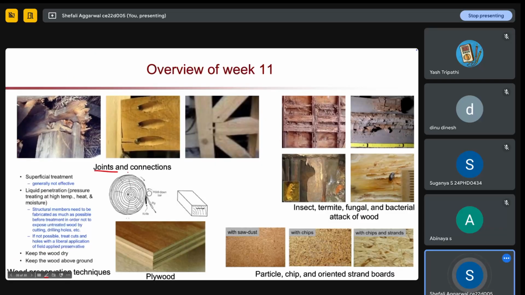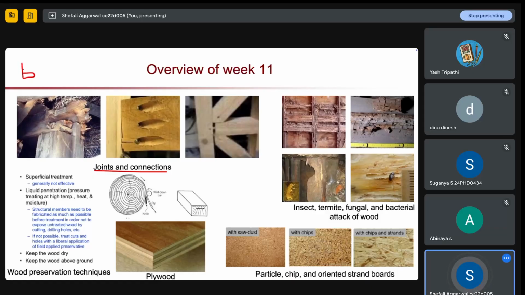Next is joints and connections. When we are using wood in the construction industry or for furniture, normally when we have to join pieces, we have to provide different types of joints. You might have studied that in your first year of engineering.